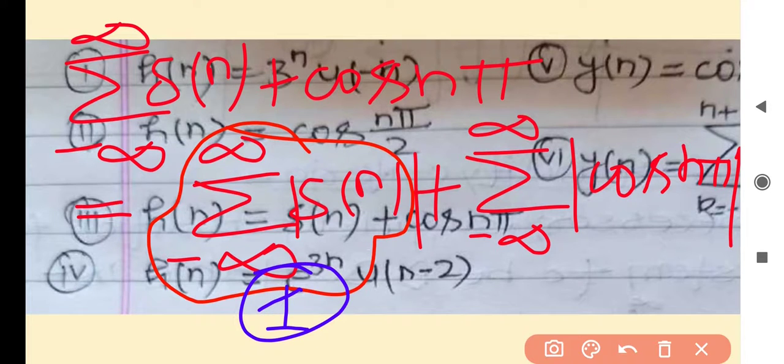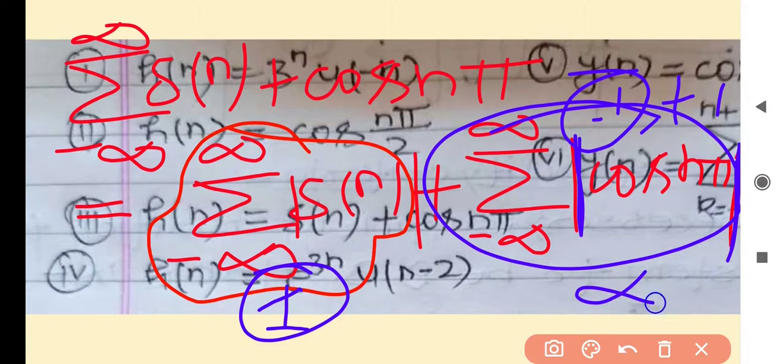But for all values of n, either it is 0, 1, or 2, cos n pi will give either minus 1 or plus 1. And because we are taking mod of this function, minus 1 will also become plus 1. So we have to add plus 1 from minus infinite to plus infinite, then this summation will give value equal to infinite. Because cos 0 is 1, cos pi is 1 with mod, cos 2 pi is 1, cos 3 pi, mod is there, it will make the negative term positive.